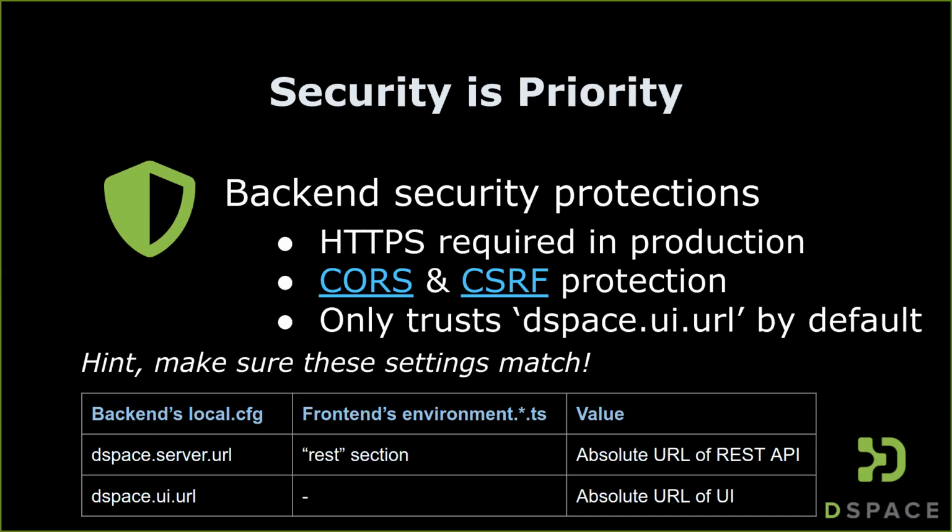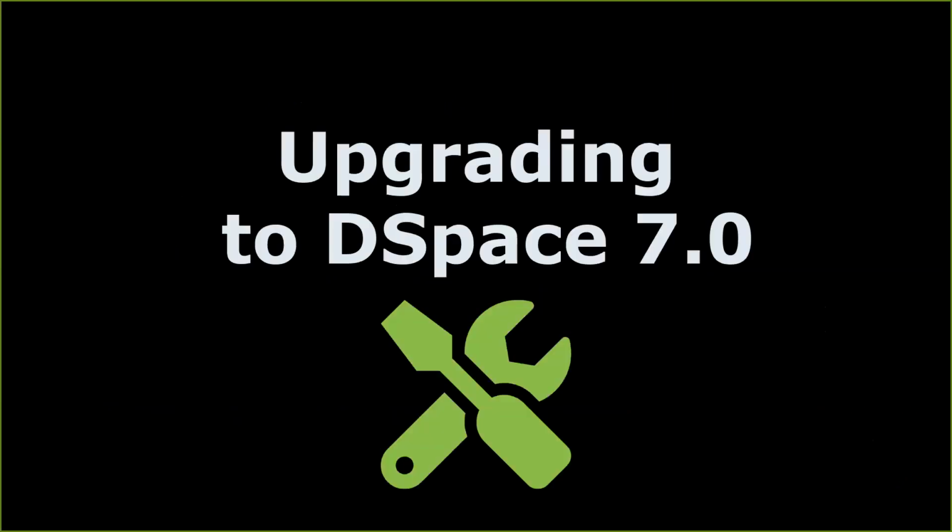So login is only trusted by trusted clients. And so some folks have run into that. Some of these sections do need to match up. So your backend, the server settings there should match your front end's REST settings. And on the back end, you also need to make sure the UI is configured properly. But let's go ahead and move on here.